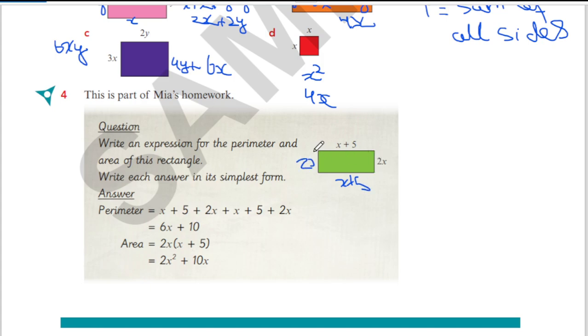By adding these four sides, x plus 5 and x plus 5, 2x and 2x, 3x, 3x plus 6, 4x, 4x plus 2x will be 6x. So it is correct. 5 plus 5 is 10. So its perimeter is right, and the area is 2x into x plus 5. 2x into x is 2x square, and 2x into 5 is 10x. His area is also right.